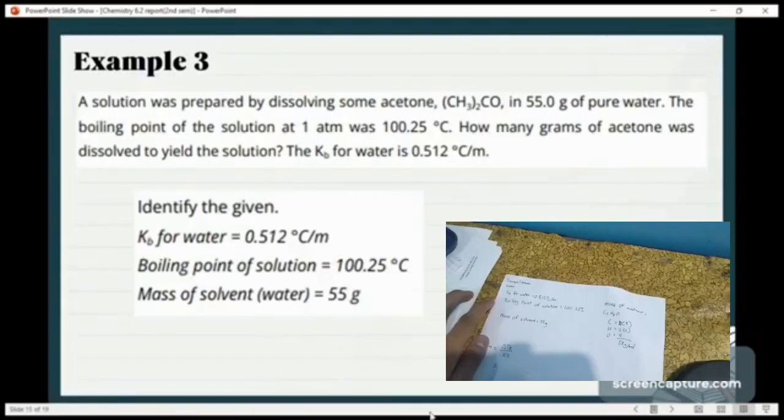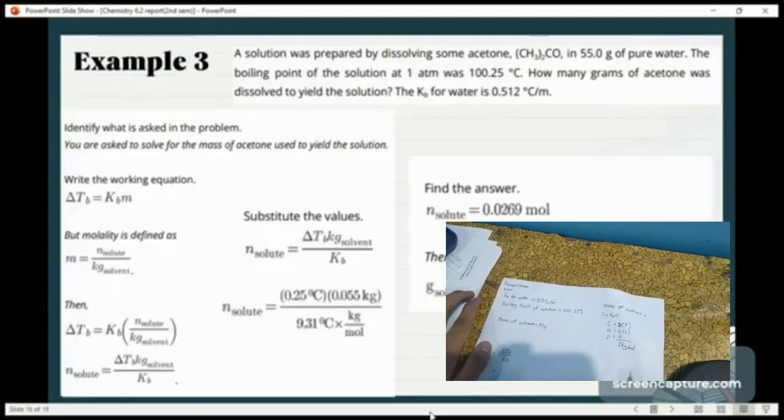For example number 3, we have the given Kb for water, 0.512 degrees Celsius over m. For the boiling point of the solution, you have 100.25, but the boiling point of water is 100, so we just have to minus it.